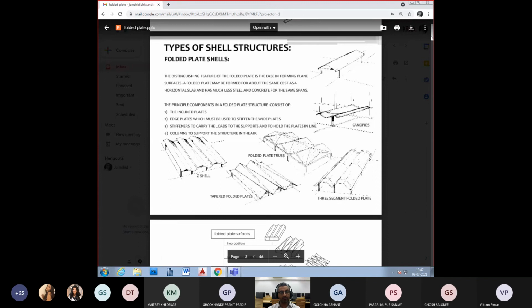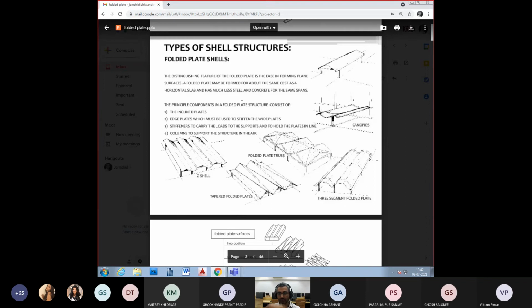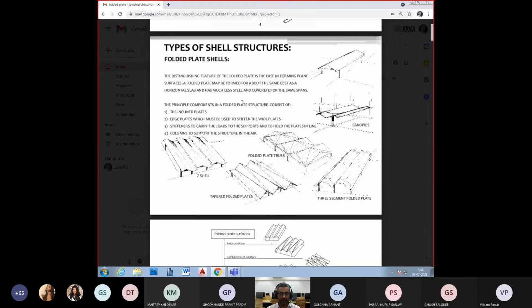The idea of the folded plate comes from the idea of the shell structure. What we mean to say is we are looking at being able to create larger surfaces with minimal reinforcement, unlike portals, which were structural members, in some sense rigid frames that spanned across.